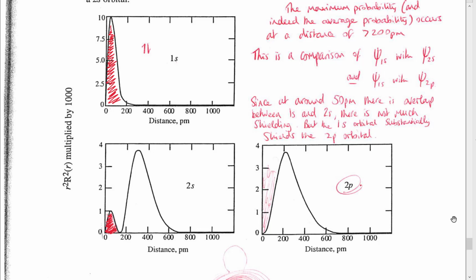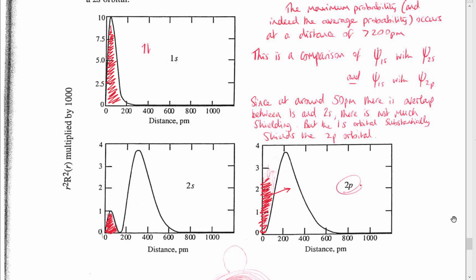When we compare the 2p electrons, an electron in a 2p orbital, we see that effectively the shielding that would take place from this 1s orbital would be in this region in here, and this shielding effectively would probably push that 2p electron a little further away from the nucleus.